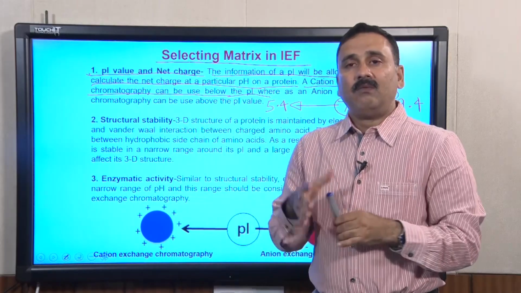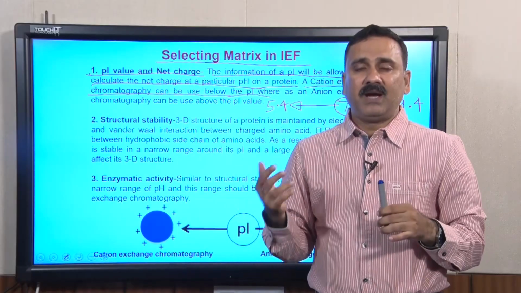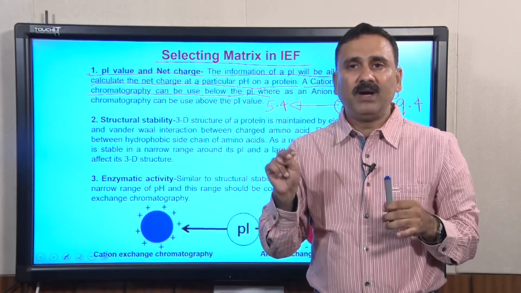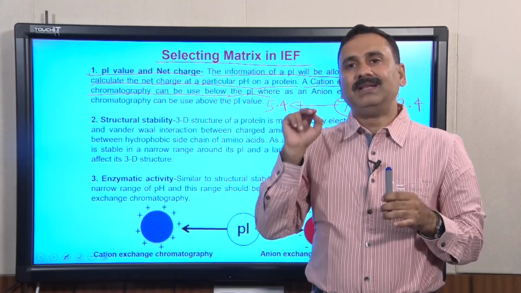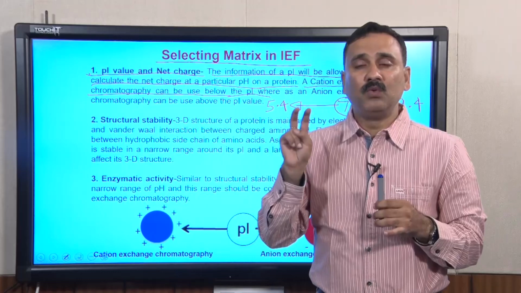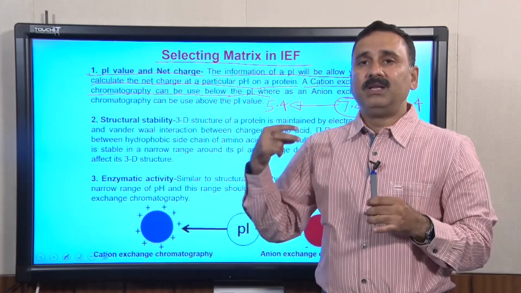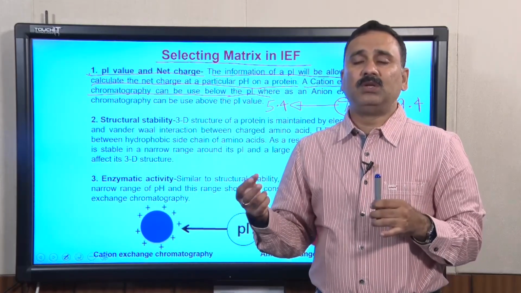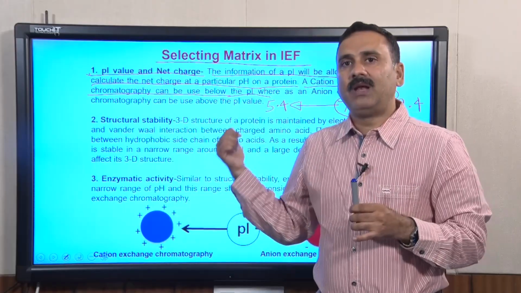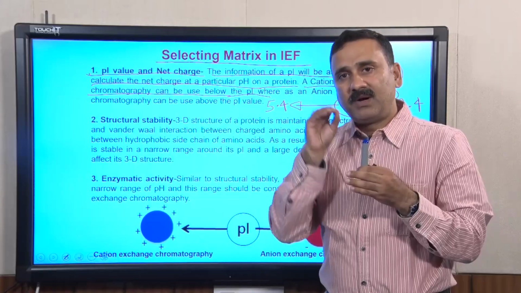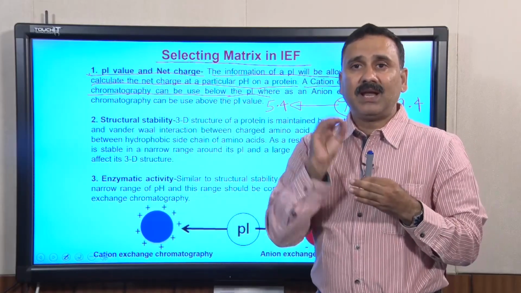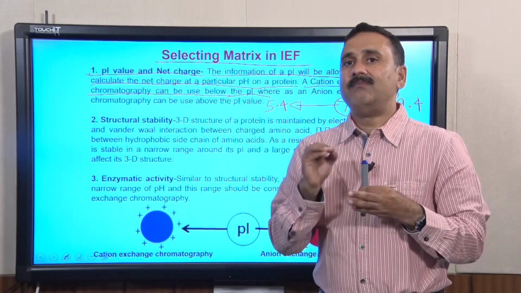Why is a 2 unit pH difference required? Because people have realized from experience that this much difference is good enough to impart sufficient charge onto the protein, and that will allow it to bind to the positively or negatively charged ligands present on the matrix.